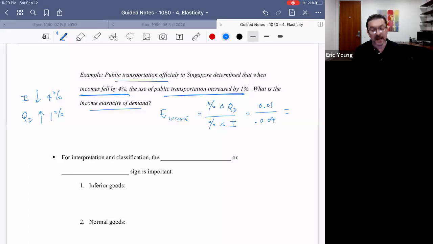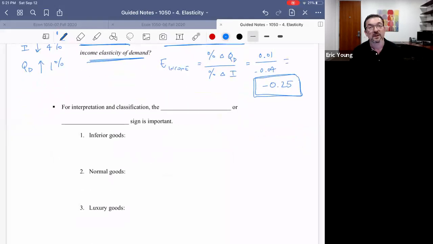But the positive or negative sign here is going to be critical, so you have to keep it in. And when we figure this, the answer is going to be negative 0.25. So we would say that in Singapore, given current income levels, we calculate an income elasticity of demand of negative 0.25.